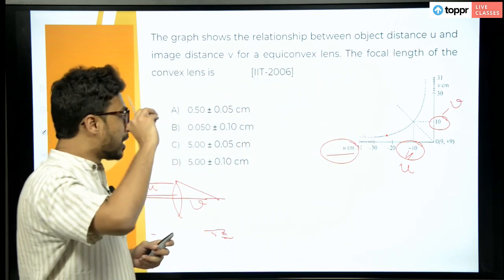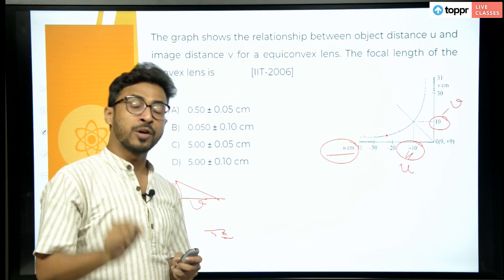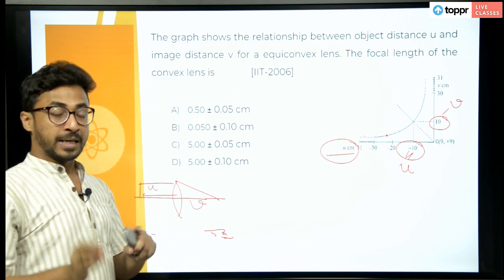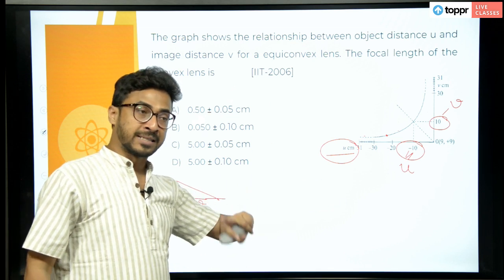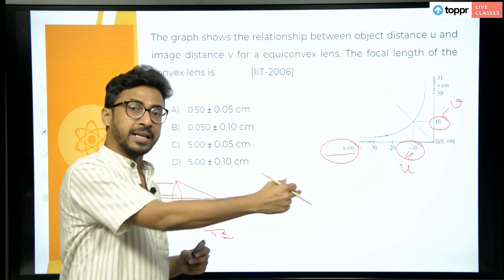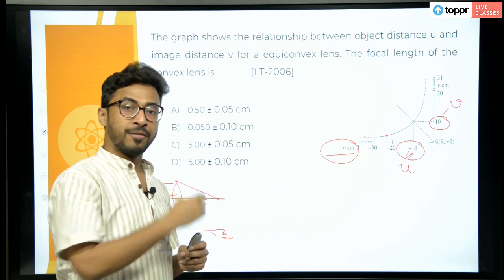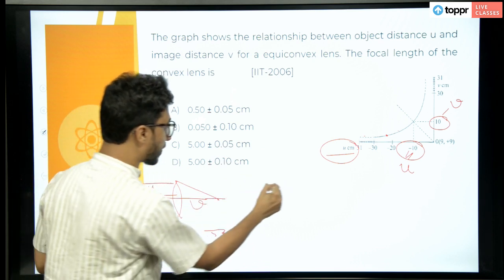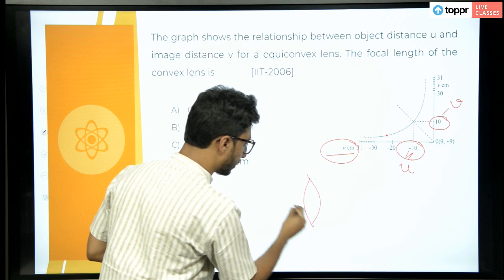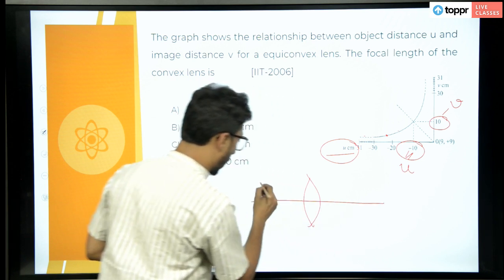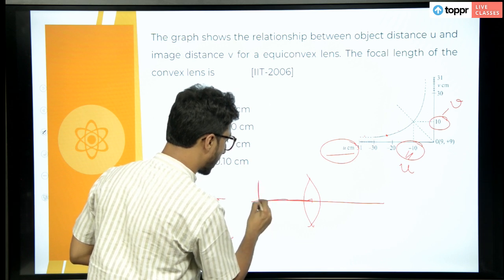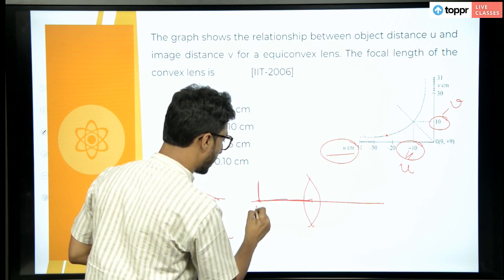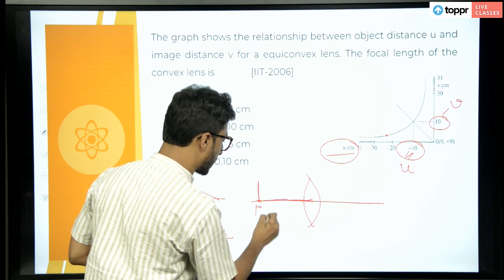Now, at what position of the object do you think the image will be exactly opposite to it and exactly at the same distance from the lens? That is nothing but when the object is at the center of curvature, right?